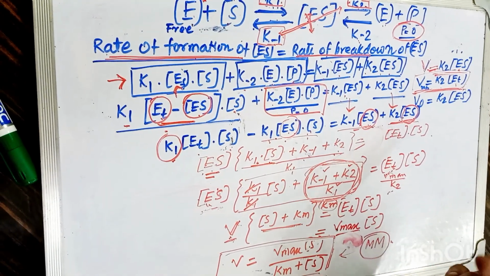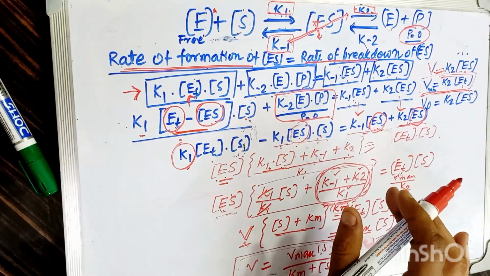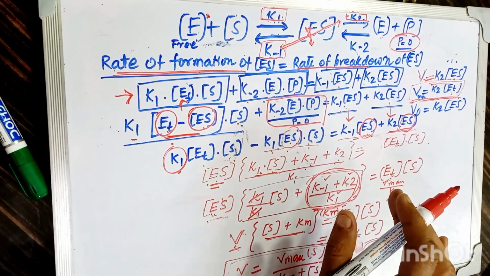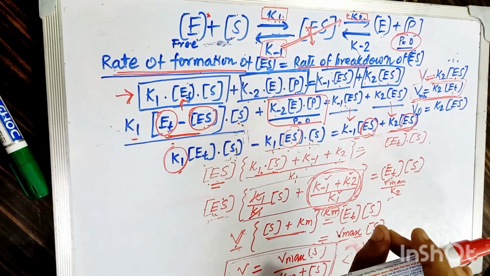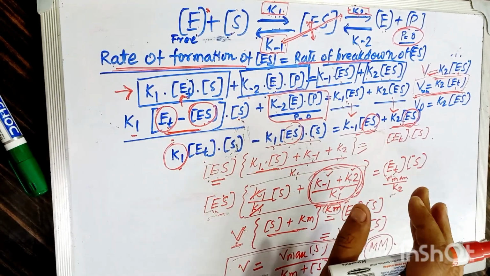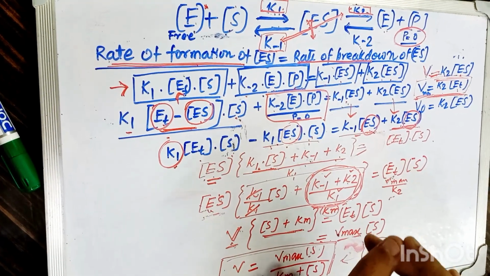Apart from deriving the Michaelis Menten equation, there will be other very deep questions which you will have to know. Other than this derivation, you will not be able to answer any of that. So the derivation is very important.